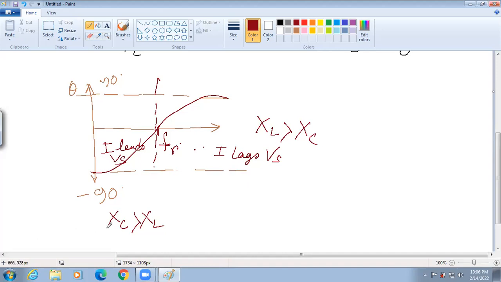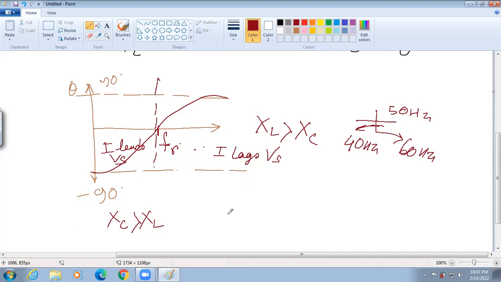So my question is: our rated frequency for India is 50 hertz. What happens if it goes down to 40 hertz? Sometimes 40 hertz may be provided, or sometimes 60 hertz.